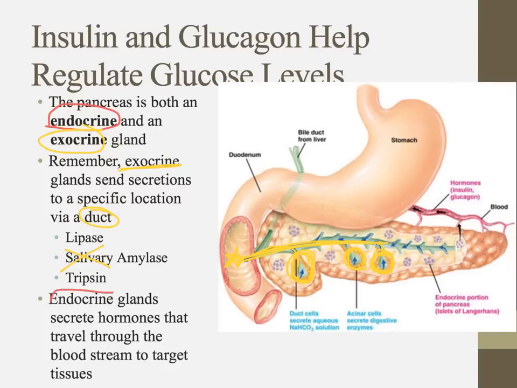But it's also an endocrine gland because it secretes hormones that go into the bloodstream. Those cells are around the periphery, and they're secreting stuff into the blood. Then the blood is going to go everywhere, and that hormone is going to be picked up by those target tissues.